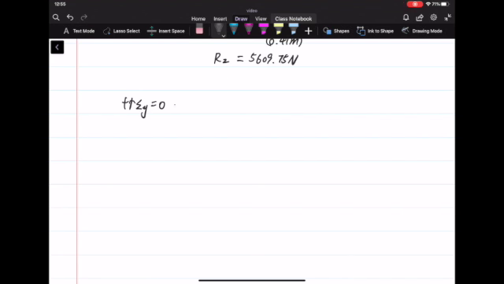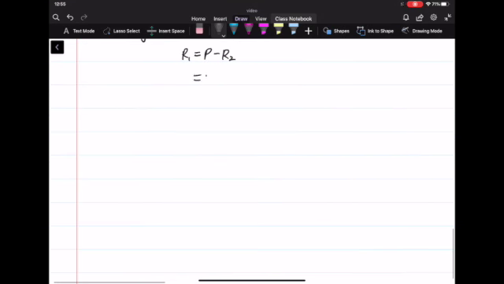So that will be R1 plus R2 minus P, and R1 equals P minus R2, which is equal to 5,000 Newtons minus 5,609.75 Newtons, equal to negative 0.75 Newtons.